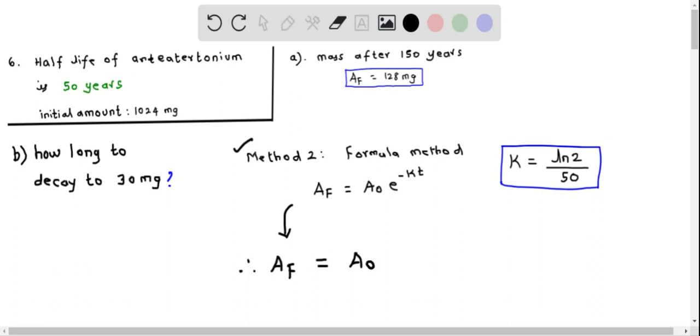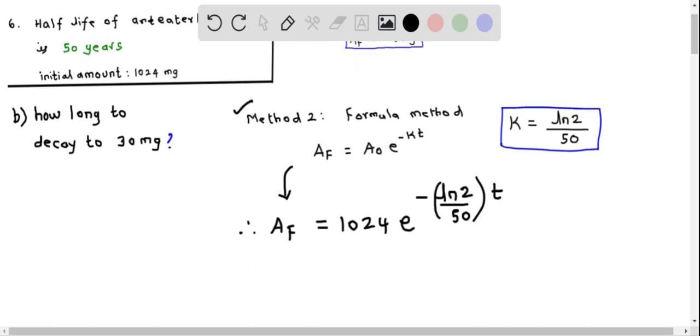We can plug in for A0. We know that it is 1024 milligrams. So it is 1024 e raised to the power of negative k, that is negative of natural logarithm of 2 over 50 times t. So we put this t. So this is the equation that we have to utilize.